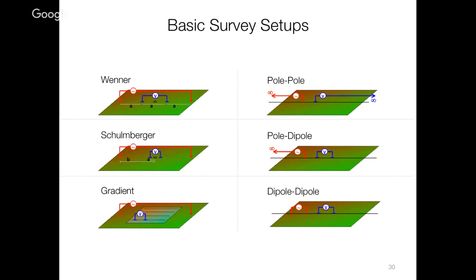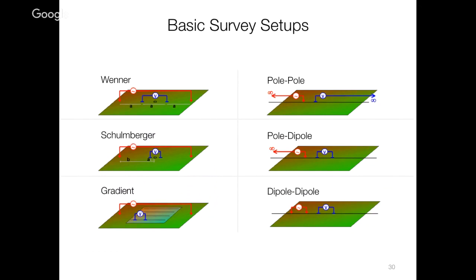The other quantities that come into play: a dipole, where we actually have two potential electrodes, a potential dipole. If we take one of these electrodes and run it way out, maybe dragging cable a couple of kilometers in some cases, effectively that electrode doesn't affect anything, and so we have a pole-dipole.